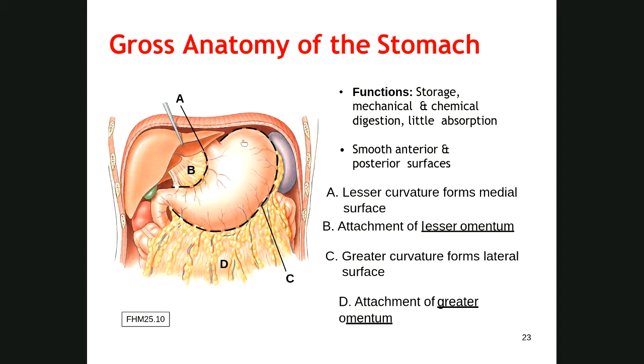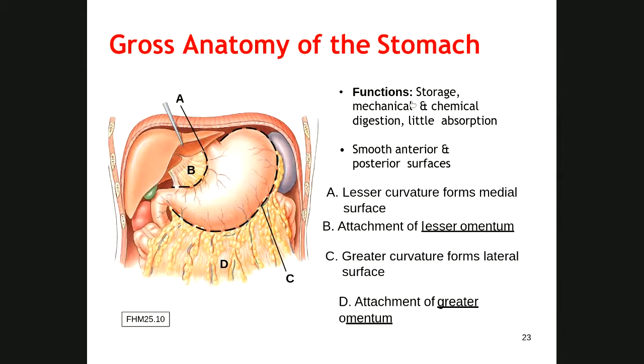In addition, mechanical functions, we talked about grinding and peristalsis, and chemical digestion by the enzymes and acids released into the lumen of the stomach. Very little absorption of fat-soluble substances happens within the stomach.